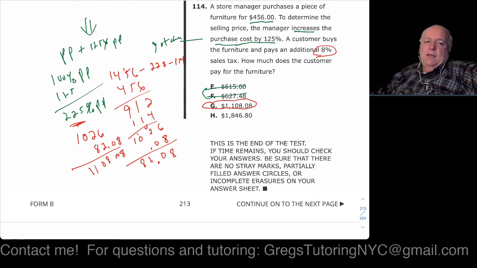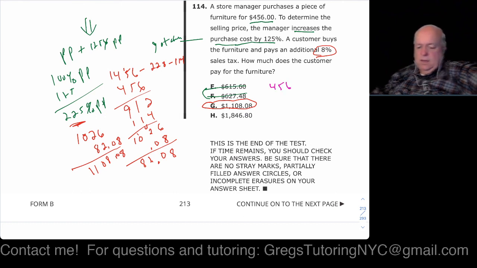If we want, we can use estimation to solve this. Let me change the color again. And estimating this is not too bad. If we have the 456, and we know we need to double it and add the quarter to it as well.